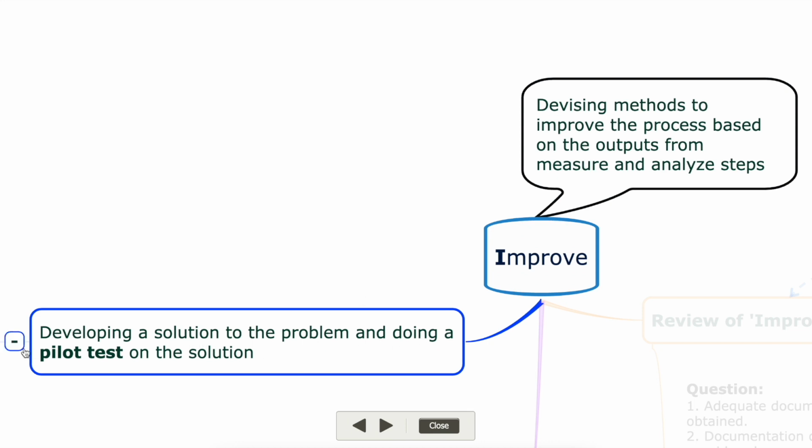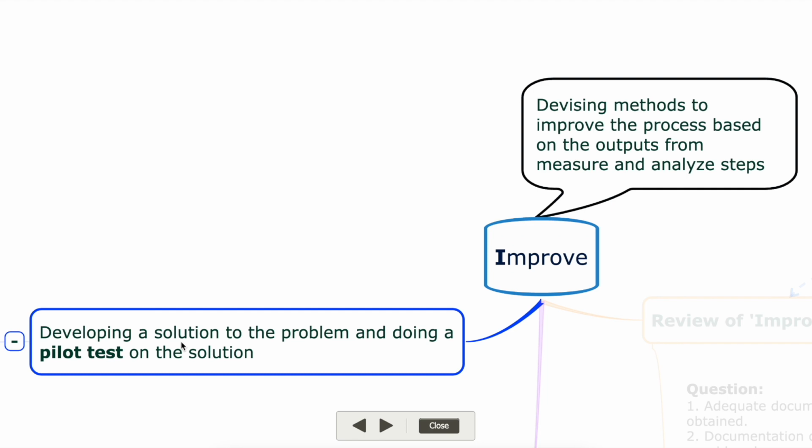And we have to perform a pilot test on the solution that we are going to devise. That means that once we have devised a method, we have to perform a pilot test in order to ensure that the solution we came up with is really working.